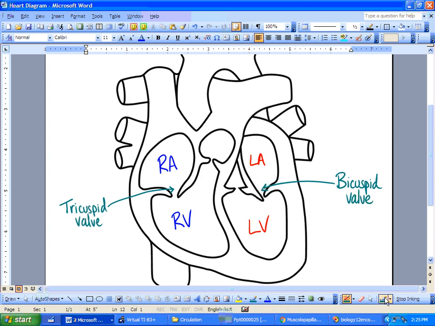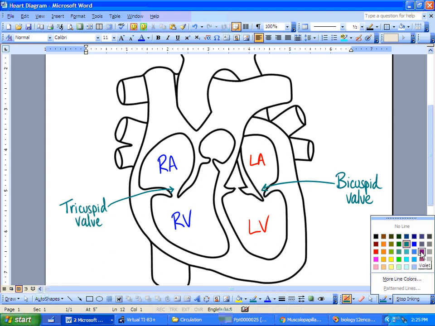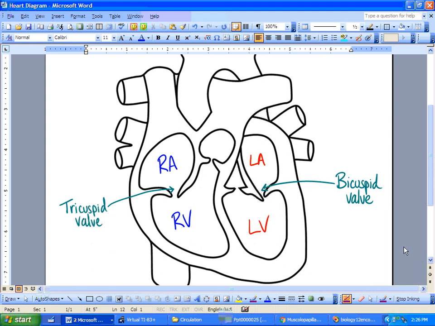There are a couple of other valves in there as well, the semilunar valves. The one that is along the way when we squeeze to the lungs, that's going to be this one right here. That is the pulmonary semilunar valve. Long name.